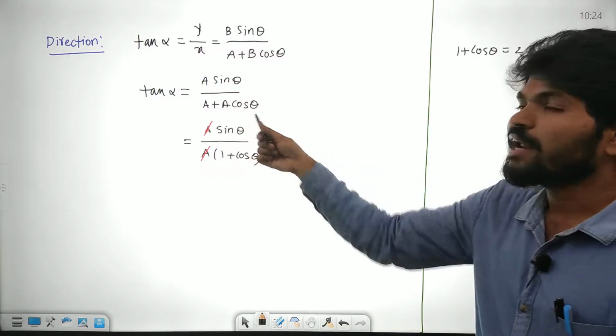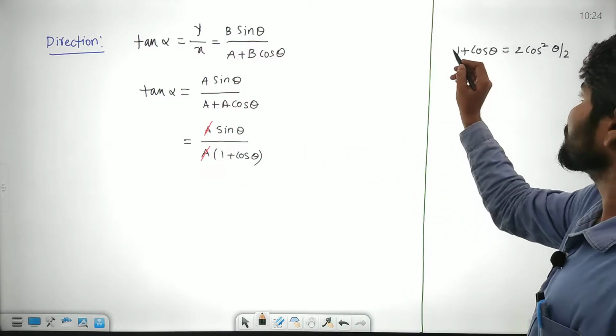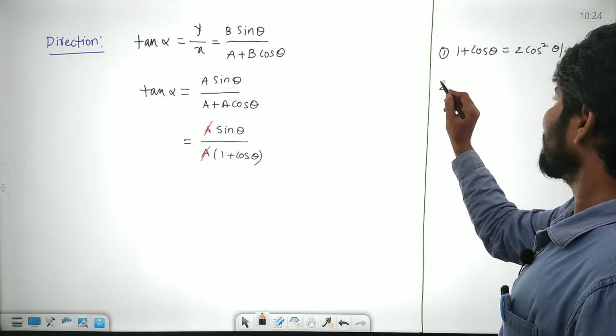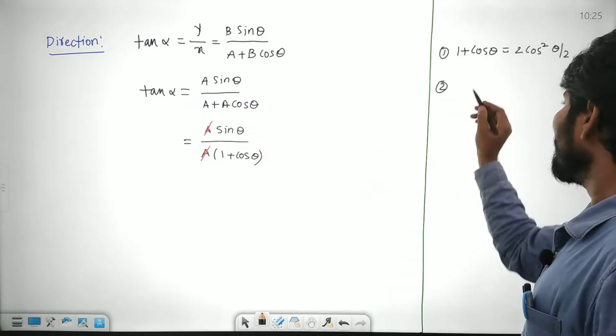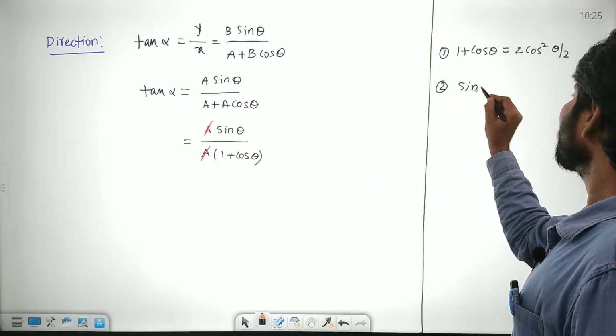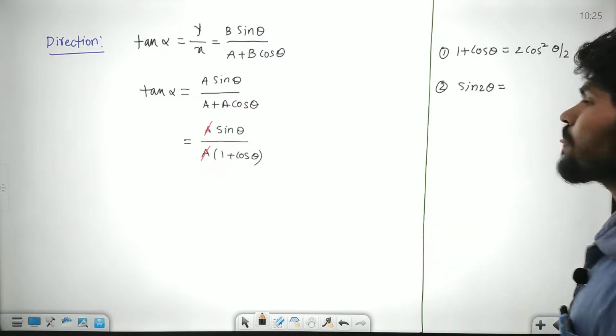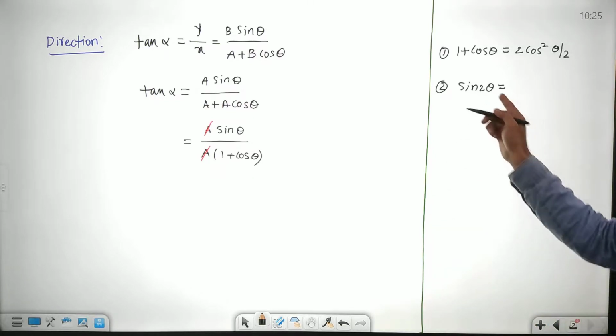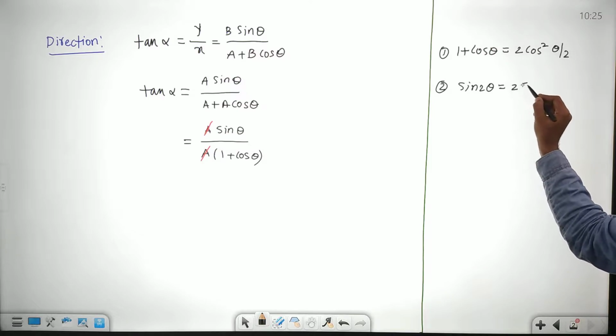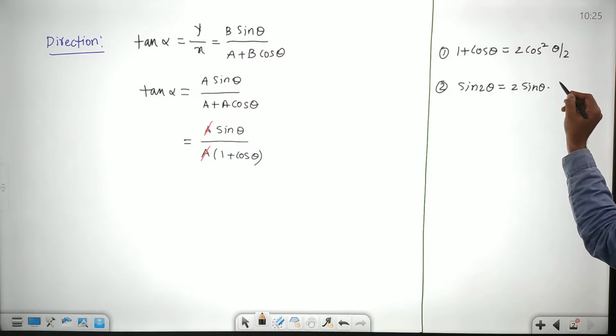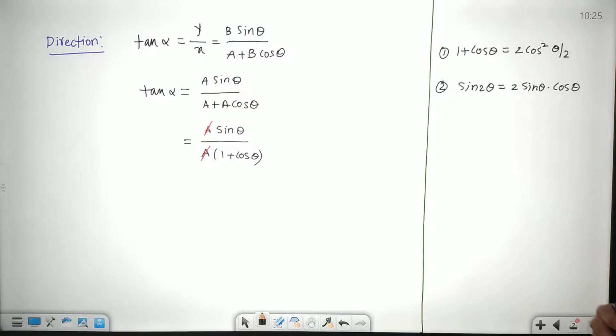Sir, then how can I write sin theta? Let's come to our trigonometric discussion again. What is the sin 2 theta value? We already know sin 2 theta is nothing but 2 sin theta cos theta.